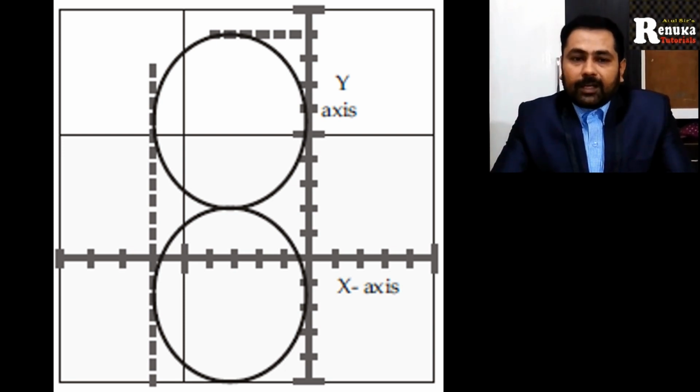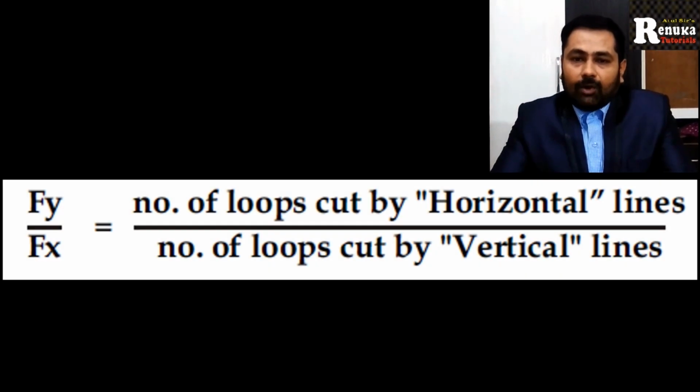Number of loops cut by horizontal lines: see the whole circle, two circles, all the horizontal lines are cut by the y-axis. Vertical lines on the x-axis, you can see the lines, and those divisions can be measured. So by using this formula, the unknown signal frequency can be calculated.